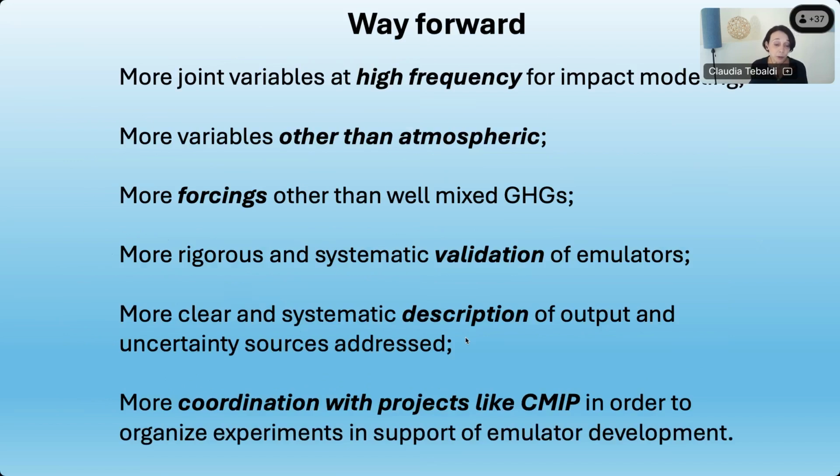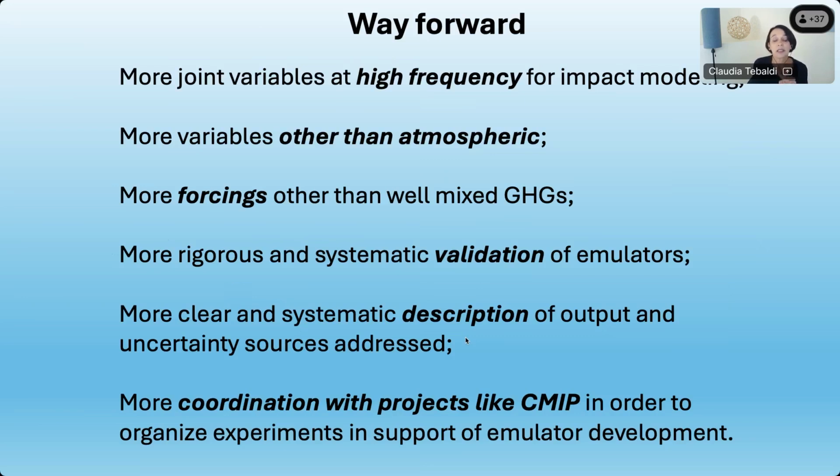So we conclude our review by trying to identify the most important way forward for these types of tools to really become a viable and respected alternative to climate models. It's important that these emulators are able to provide variables at the time and spatial scales that our impact models need.